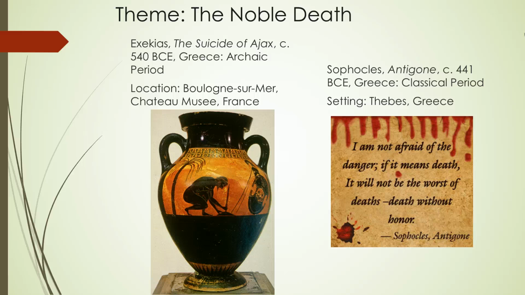The artworks I have selected, both of which were created in ancient Greece, are the vase painting, The Suicide of Ajax by Exekias, and the play Antigone by Sophocles. One theme these works have in common is that of the noble or honorable death.